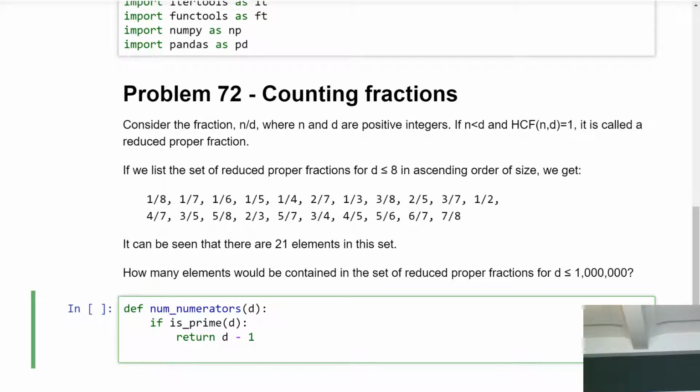If the denominator is prime, it implies d minus 1, done. For the others, at least the number of primes up until d, so that's the minimum number, right? Because you can't make the numerator smaller.